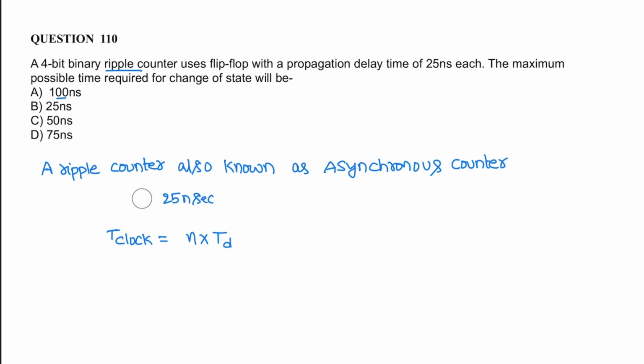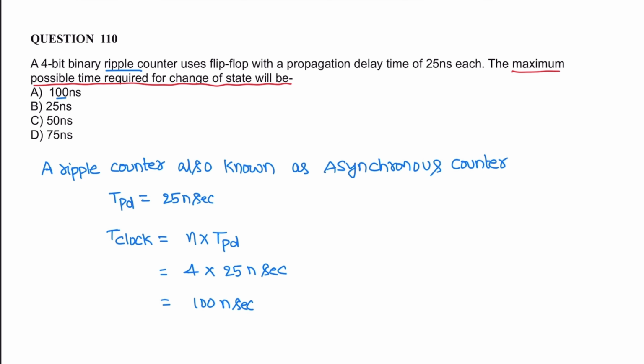There are n flip-flops, n is 4, and the propagation delay of each is 25 nanoseconds. So 100 nanoseconds is the correct option, the maximum possible time required to change the state.